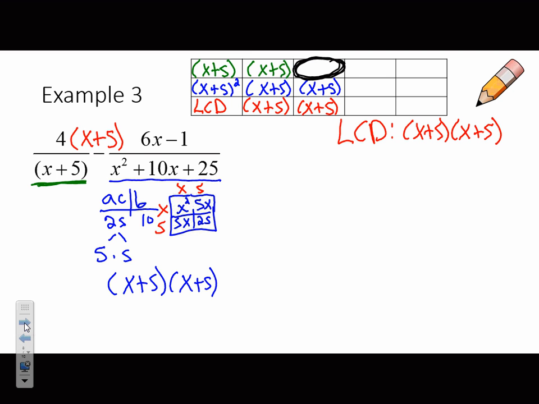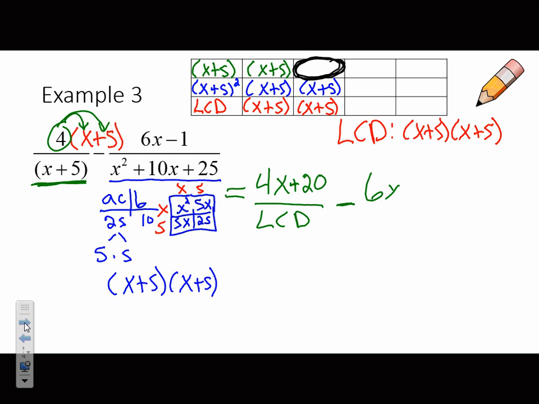When I do this, ladies and gentlemen, I'm going to get, remember I have to distribute this through, so I will get 4x plus 20 all over my least common denominator minus 6x minus 1 all over my least common denominator.